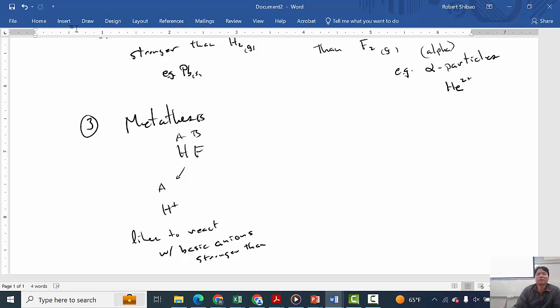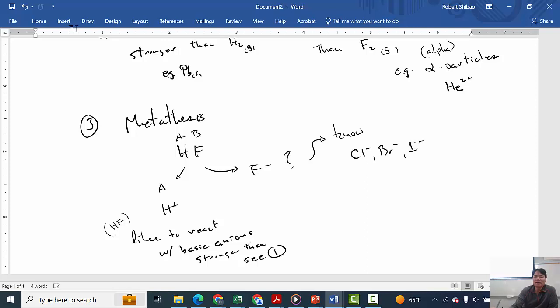This is a bit tricky because this is actually HF. And so we talked about it. If we think about fluoride, that brings up a question mark here, because we know chlorides, bromides, and iodides are soluble, except for which ones?